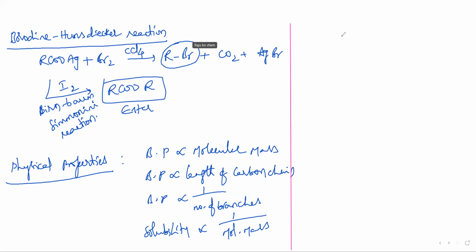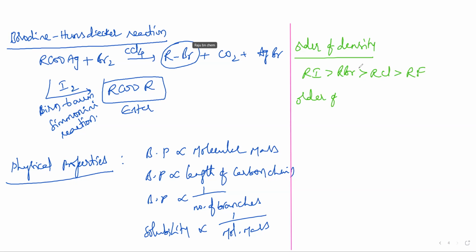Next property, order of density: RI greater than RBr greater than RCl greater than RF, alkyl fluoride. Order of bond strength. What is bond strength?